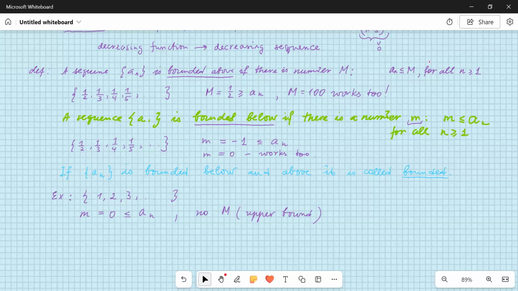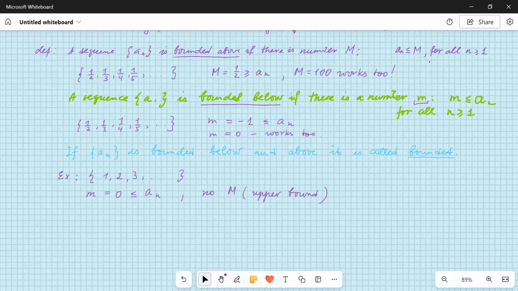I'm going to give you an example of a sequence which is not bounded at all. And again, I don't want you to write down the formula because I want you to visually see how it works. Imagine that the sequence is 2, then minus 2 squared, then 2 cubed, then minus 2 to the power of 4, then plus 2 to the power of 5, then minus 2 to the power of 6, and so on. So we have a geometric sequence and it's alternating sign: plus, minus, plus, minus. You see that this term is 2, this term is minus 4, this term is 8, and this term is minus 16.